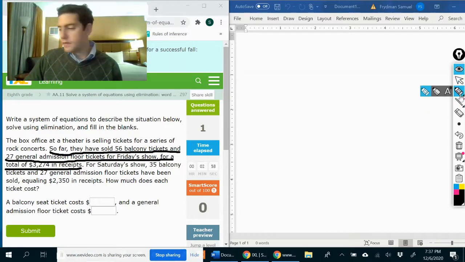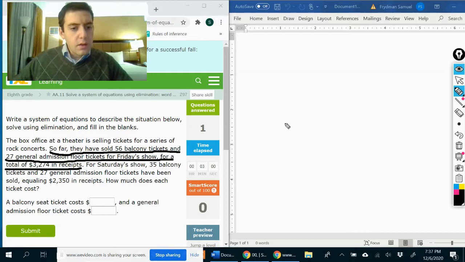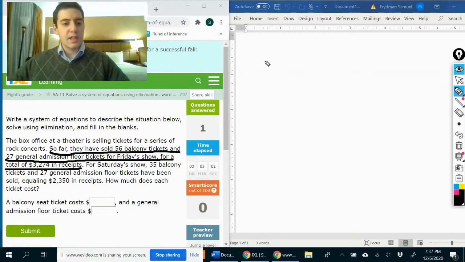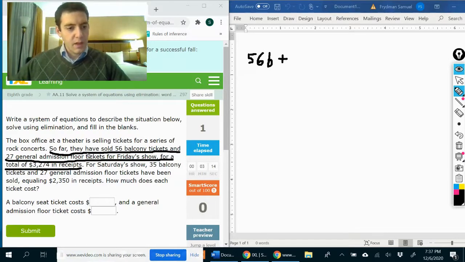So if B stands for the cost of a balcony ticket, then 56 balcony tickets would cost 56 times B, plus they sold 27 general admission floor tickets.